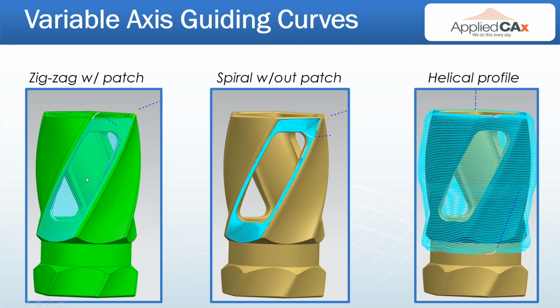So we're going to do a zigzag using a patch surface, and we're going to do a spiral operation without a patch, and I'm going to show you how to do a helical profile where the tool tilts, kind of like we did with the tilt tool axis, but variable axis guide curves does it automatically within the operation, so you don't have to go in and right-click toolpath, tool tilt.